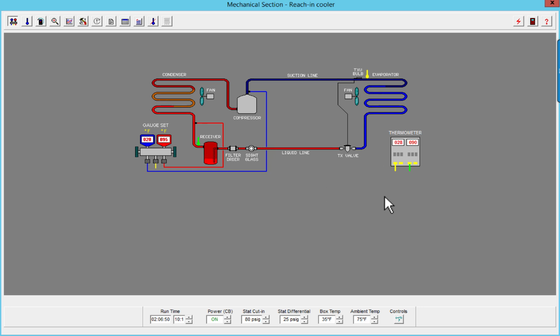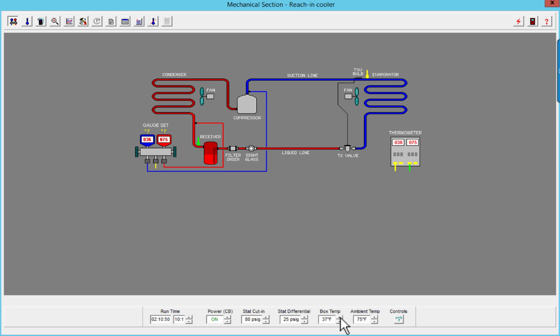My evaporator is still a little bit low pressure, but watch what happened. My box temp satisfied at 35 degrees. Okay, we shut the compressor off. Notice now I'm blowing air across the coil. 36 degrees.